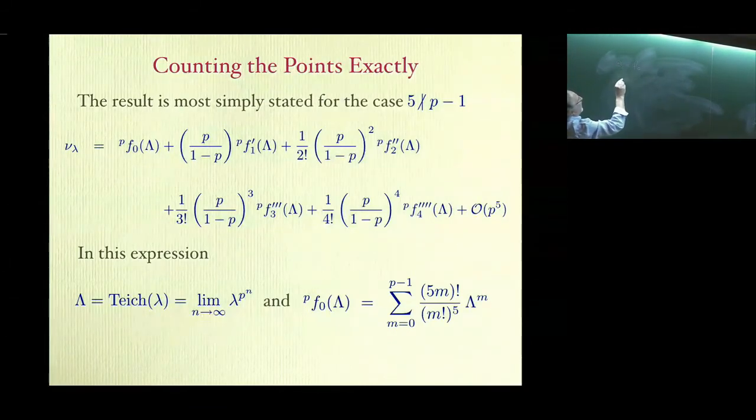There was another one, pi 1 is f0 log lambda plus f1. Pi 2 is f0 log squared lambda plus 2 f1 log lambda plus f2, and pi 3, I won't write it all down, involves log cubed lambda.